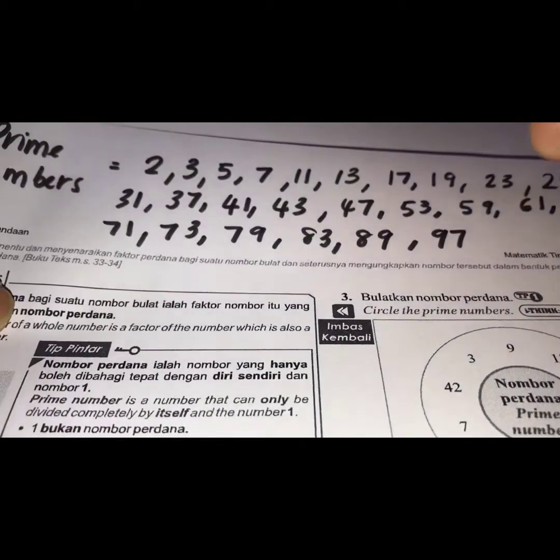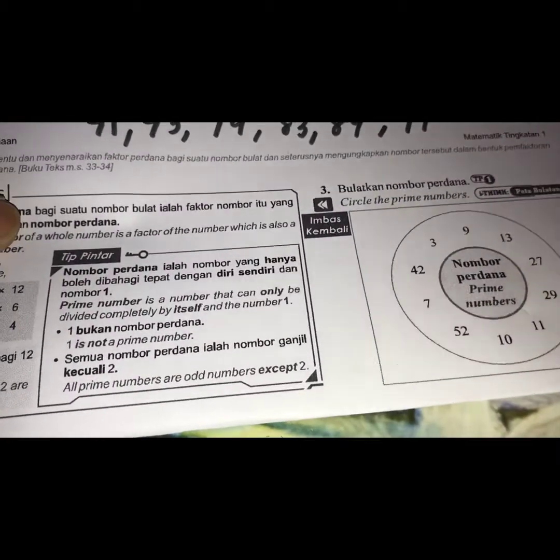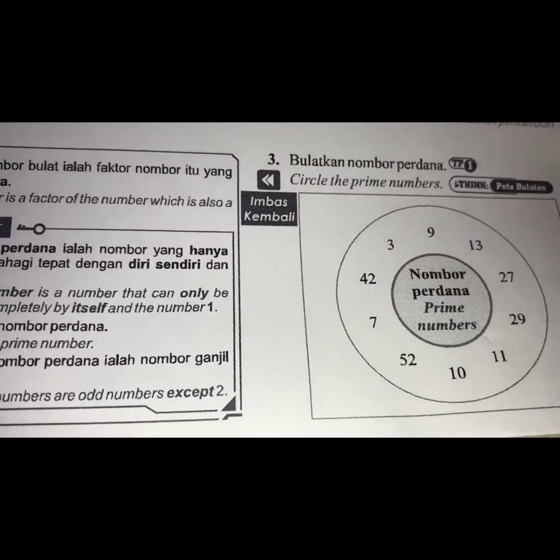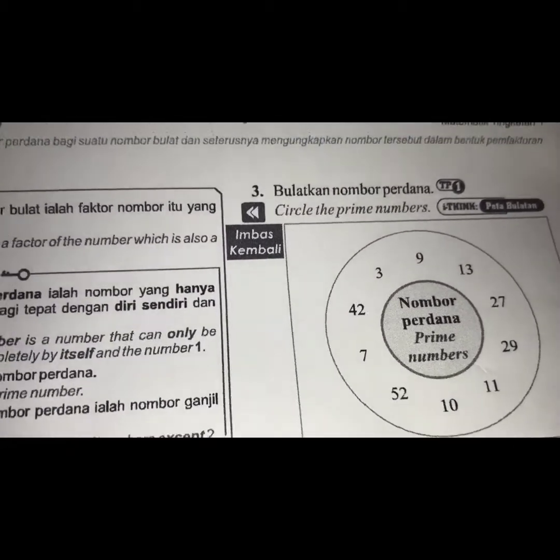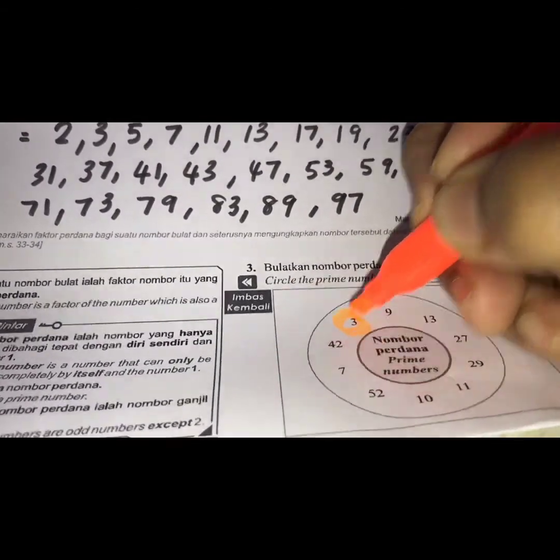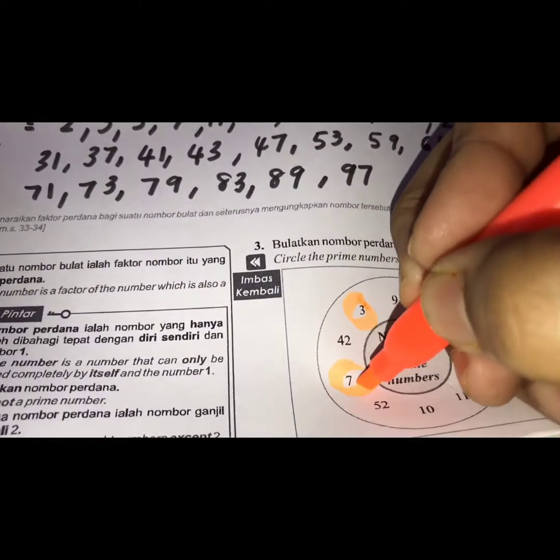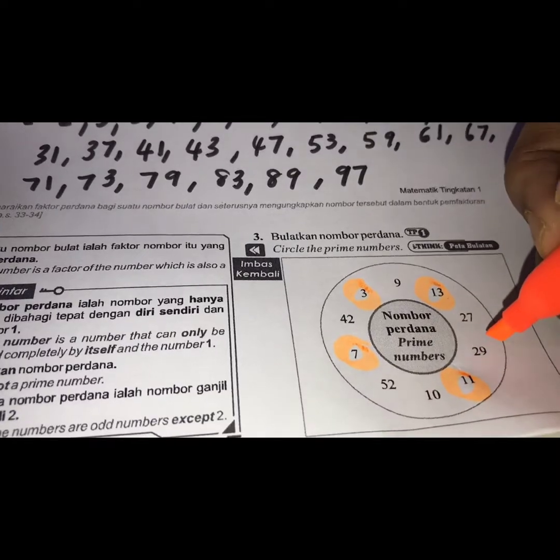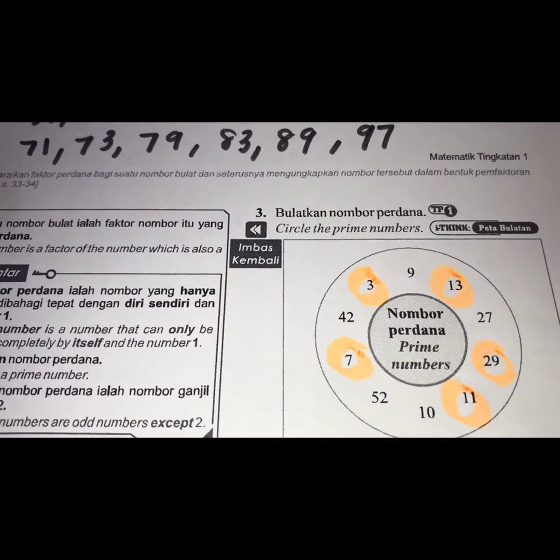So you memorize the prime numbers below 100, so from here you can identify which ones are prime numbers, the numbers that can divide by itself and number 1. So here, circle 3, and then 13, 7, 11, and then 29. Okay, those are all prime numbers.